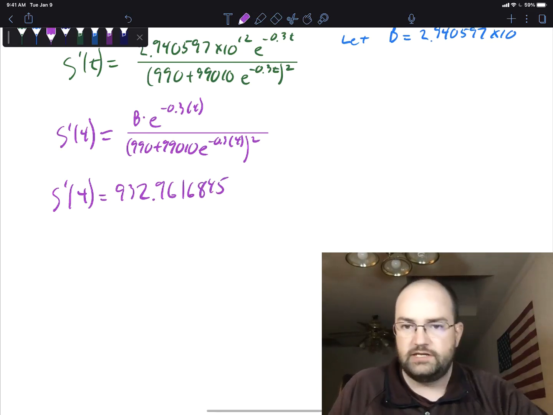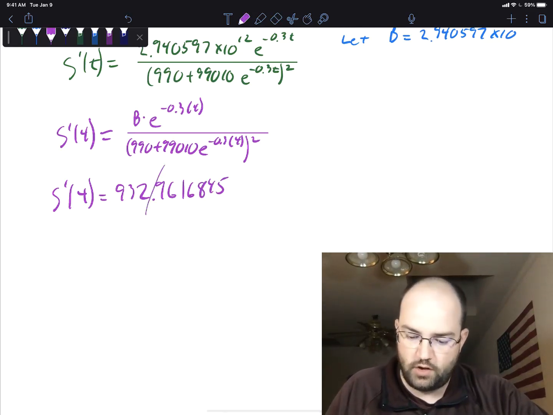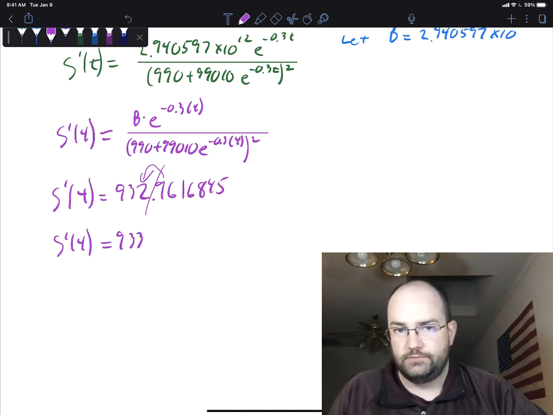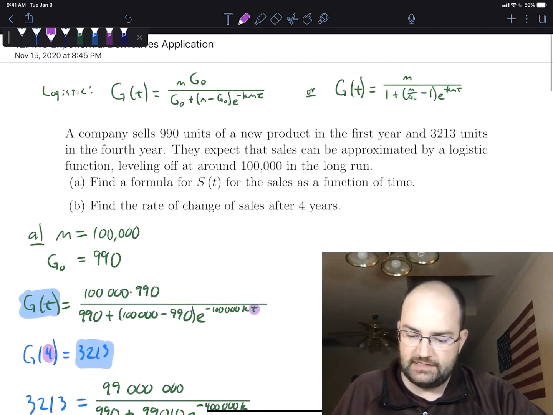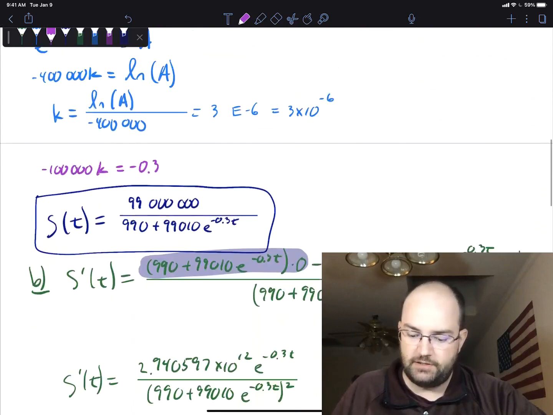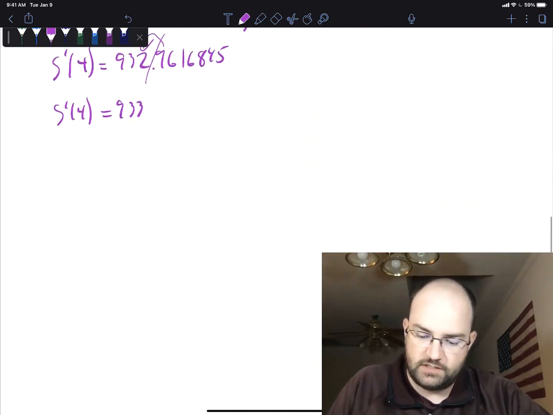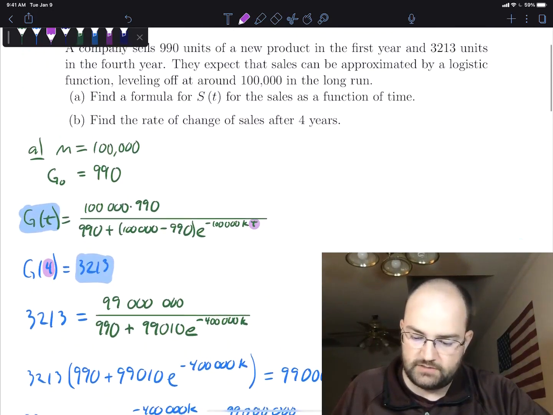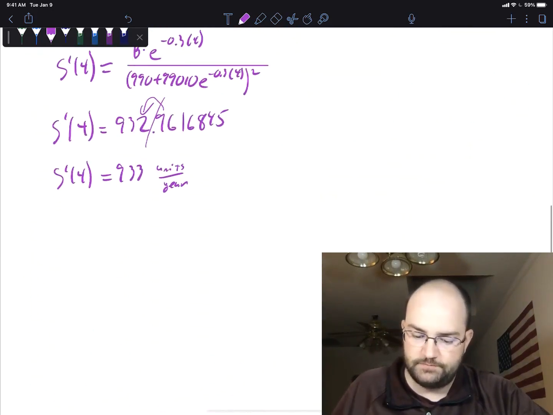But because these are individual units, we want to round this to the nearest whole number, which means we want to round this up, which means S prime of 4 is 933. Now the units here, well, S is in the number of units and t is in years. So this is units per year. And B was asking us to find the rate of change of sales after 4 years.